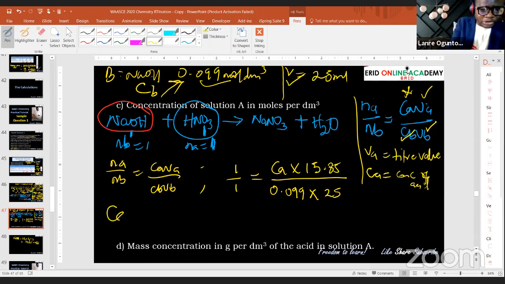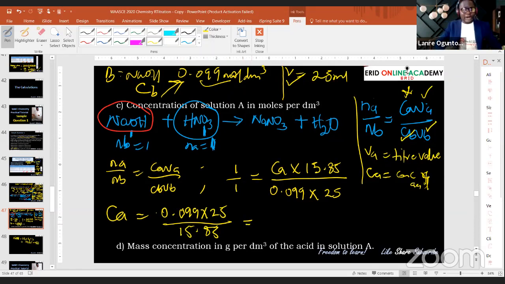Now let's make Ca the subject of the formula. From this equation, Ca will be equal to 0.099 times 25 over 15.85. So let's now divide. 0.099 times 25, divided by 15.85.